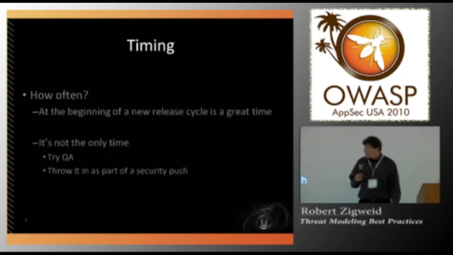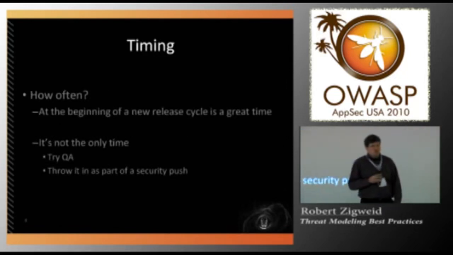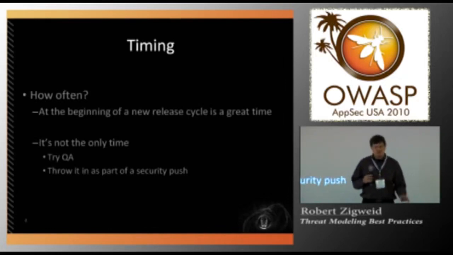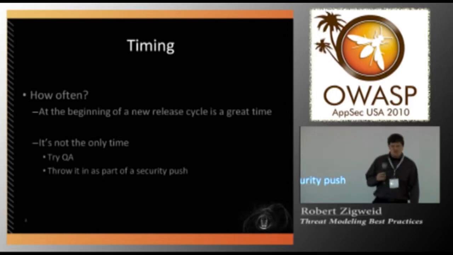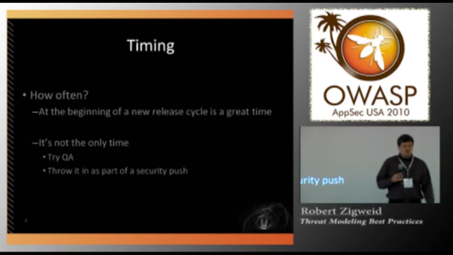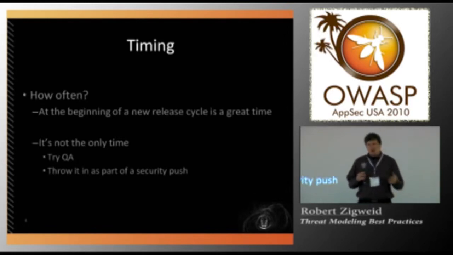And how often do you threat model? Well, I think it's an ongoing process. If you ever print out a threat model, it's just like with a compliance document or anything of that nature. You've created a piece of paper or stack of papers and killed a few trees, and it's a stamp in time of what your best guess of the threats and vulnerabilities are at that time.